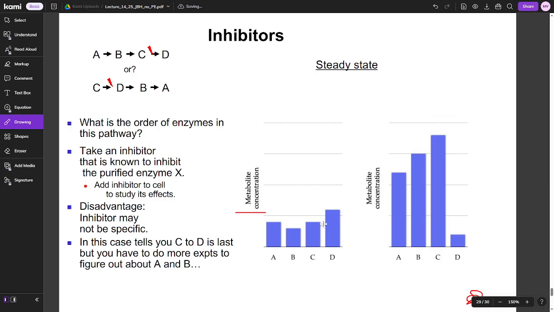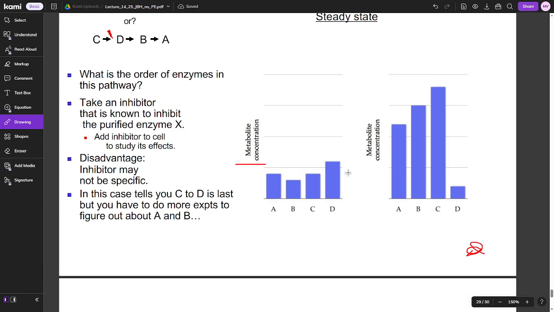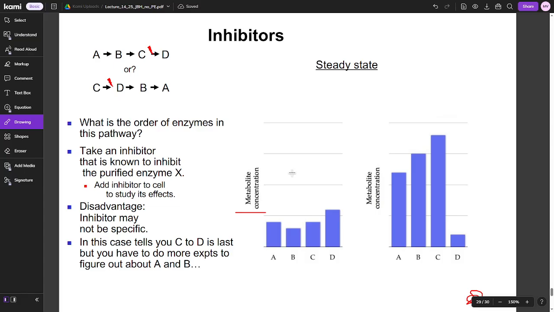So, what you do is you inhibit an enzyme, right? And you see which one decreases the most. Say you know that an inhibitor is known to inhibit a certain enzyme, right? And you add this inhibitor into these cells.